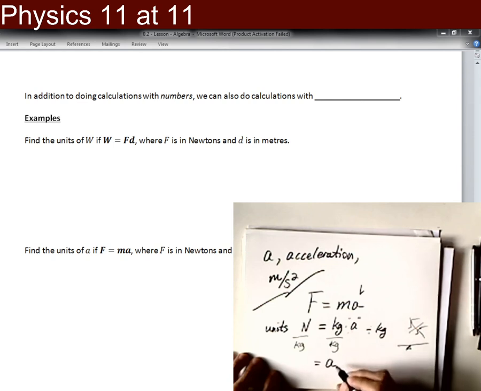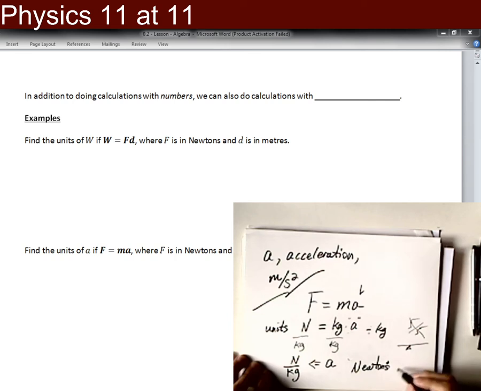And you get now that the units for A, acceleration, are newtons over little k, g. Newtons per kilogram.